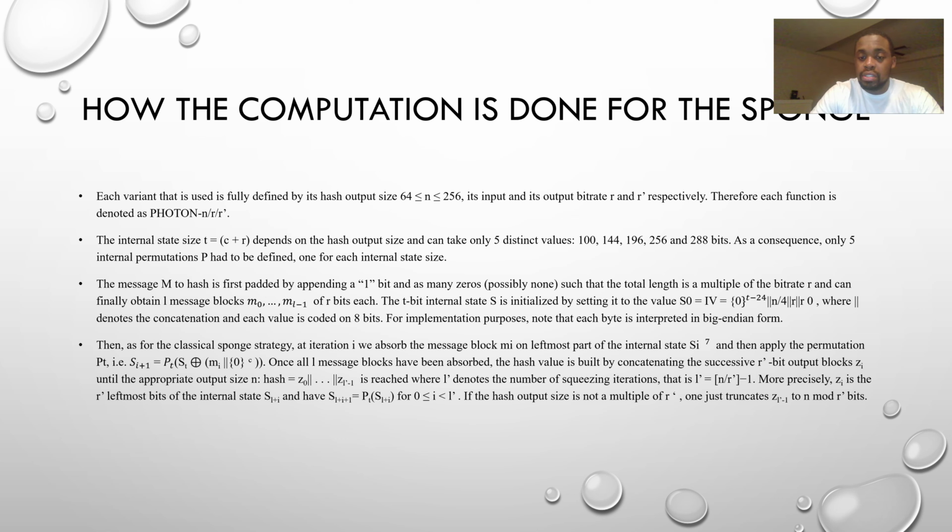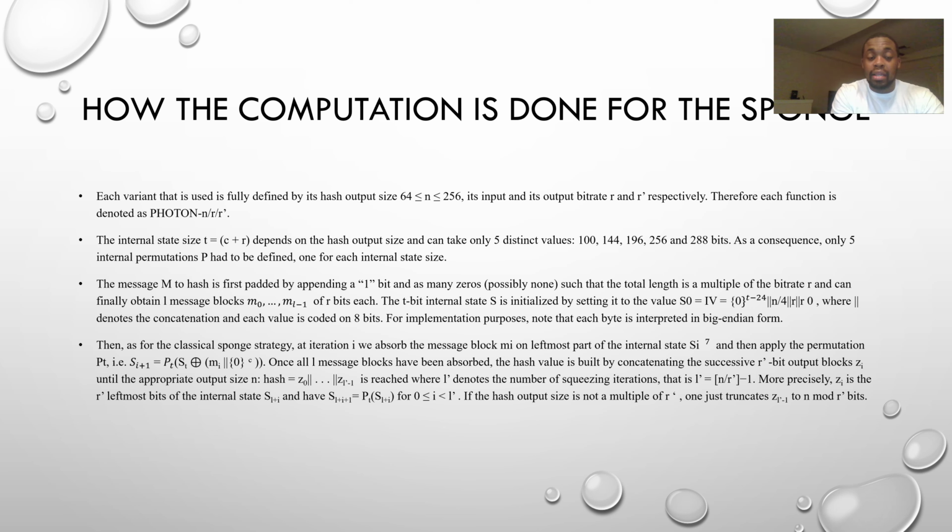The t-bit internal state is initialized by setting it to the value S_0 equals IV, which is 0 to the power of t minus r - 24, concatenated with n divided by 4, concatenated with r, concatenated with r prime, where the symbol denotes concatenation. For implementation purposes, note that each byte is interpreted in big endian form.